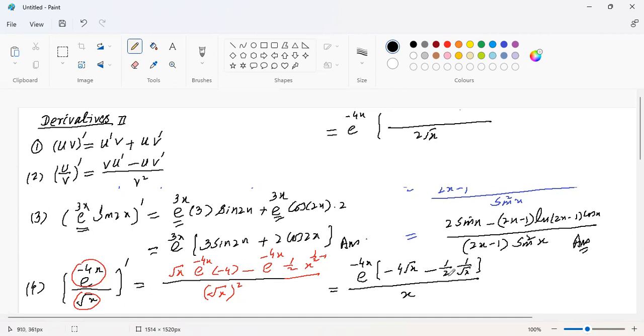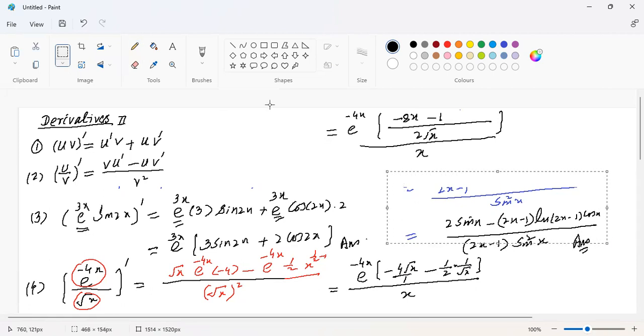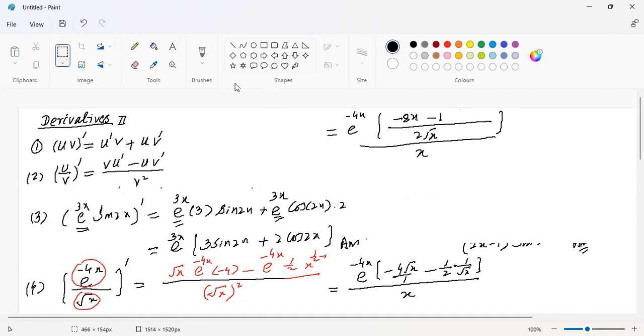When the 2 root x multiplies with the minus 4 under root x, the square root will be finished. It will become minus 8x. And negative, because the denominator of this is 1, 1 will multiply by its denominator, which will remain this 1. So it is the simplification of the numerator, and the whole divided by x. Keep this as it is.